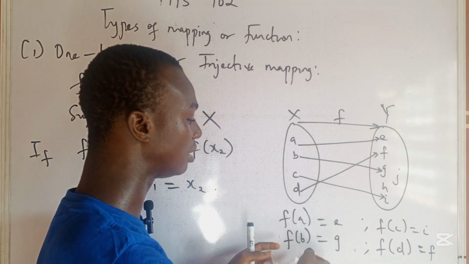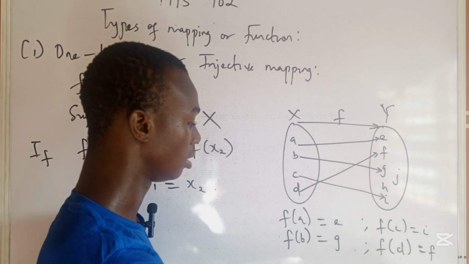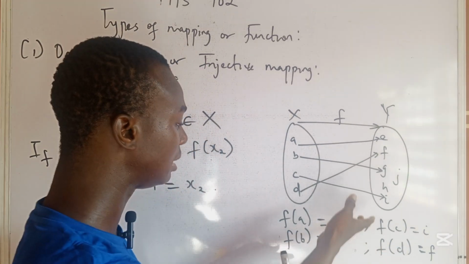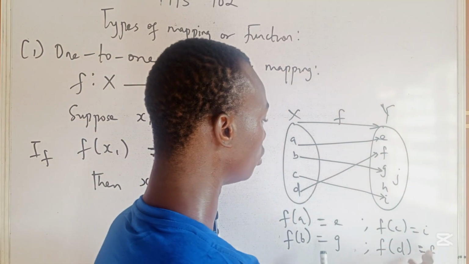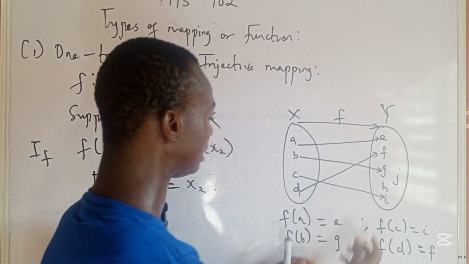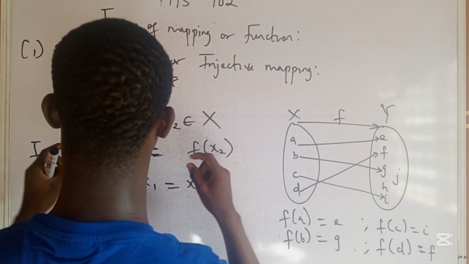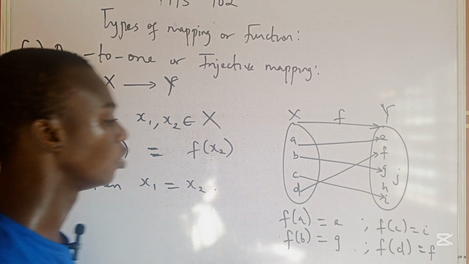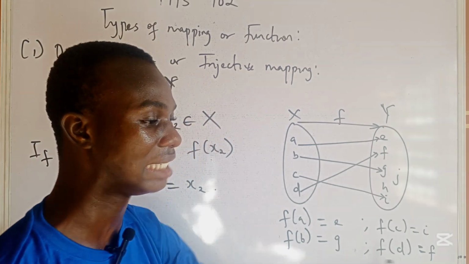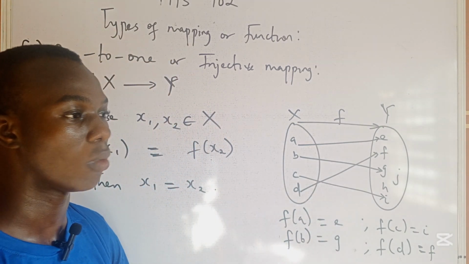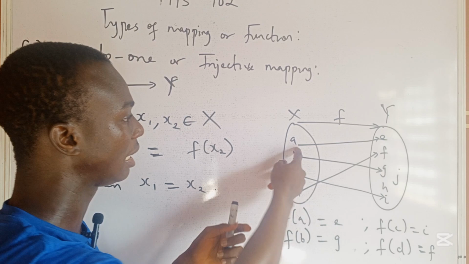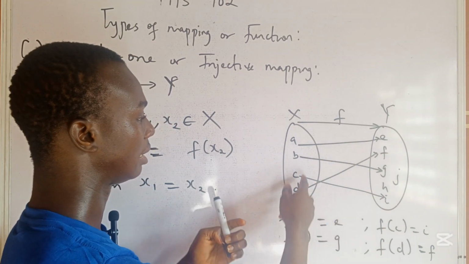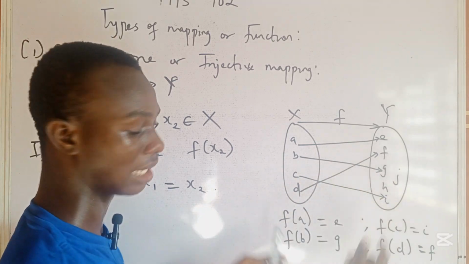Are they having the same image? E is different from g, and i is different from f. Since two different pre-images do not give us the same image, we say it's an injective mapping, or a one-to-one mapping. That's why it is one-to-one.